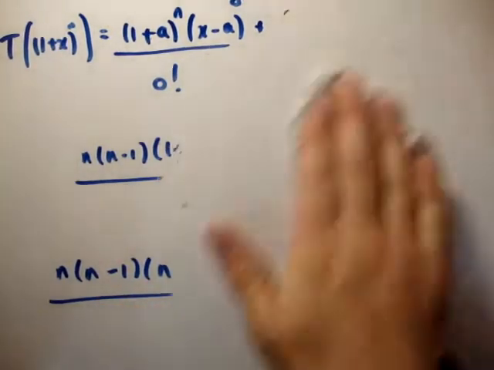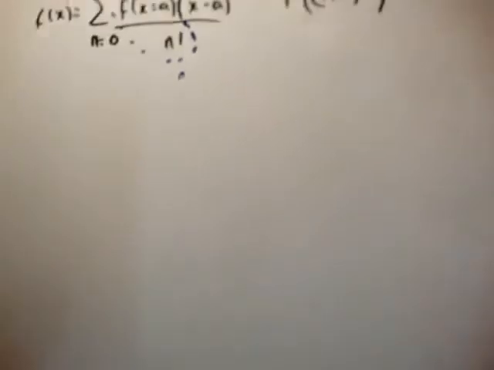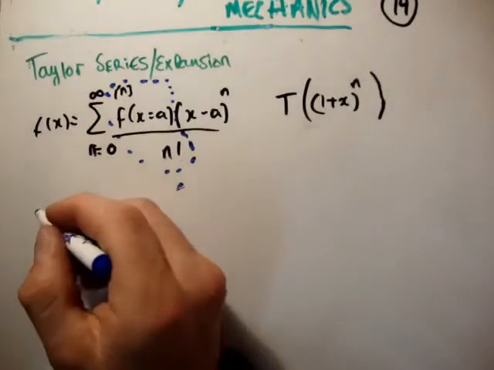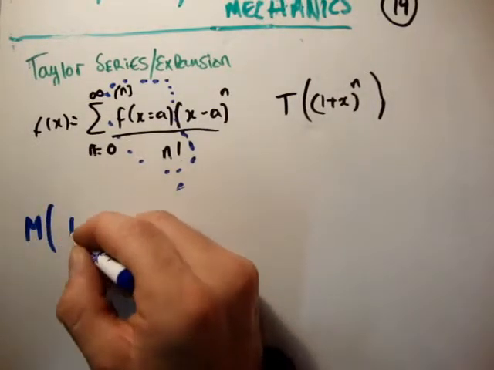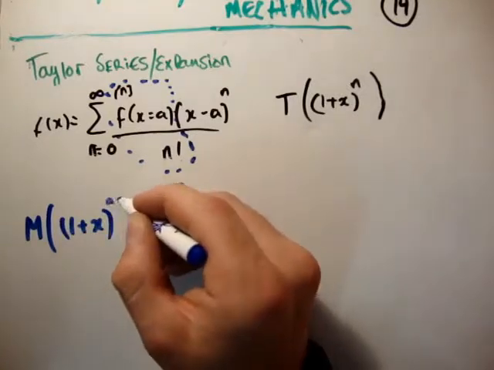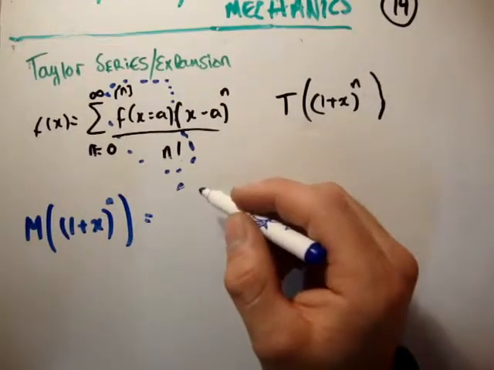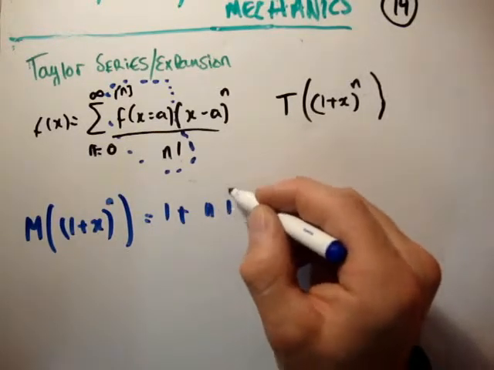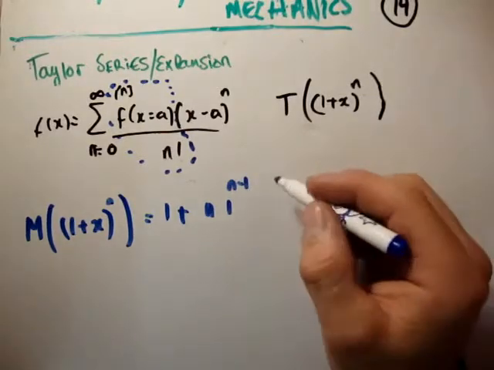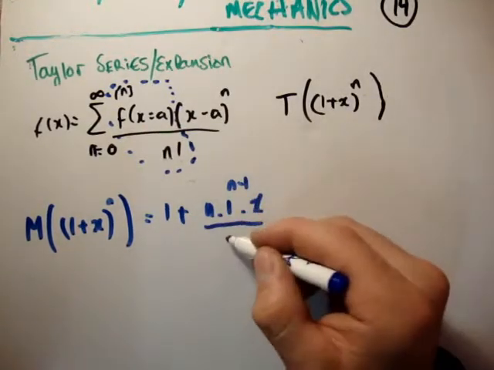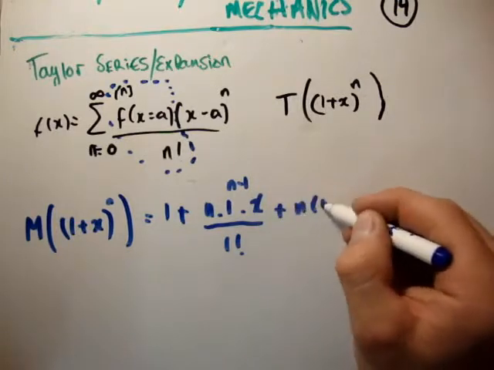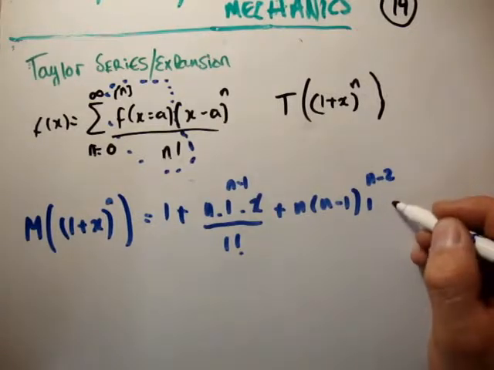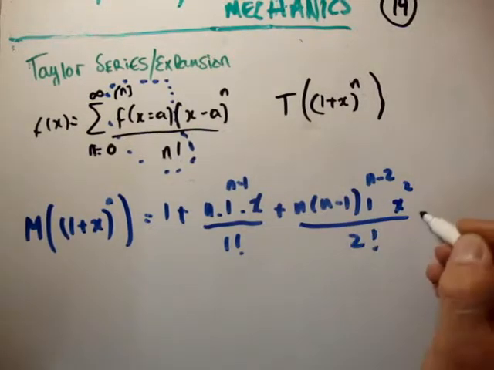So let's go ahead and get the MacLaurin series. The difference here is we just set a equal to 0. If we set a equal to 0, I'll let you do it yourself, but we find that the MacLaurin series of (1 + x)^n is equal to 1 plus n, 1 to the power of n − 1, x divided by 1 factorial, plus n(n − 1), 1 to the n − 2, x squared divided by 2 factorial, and so on.